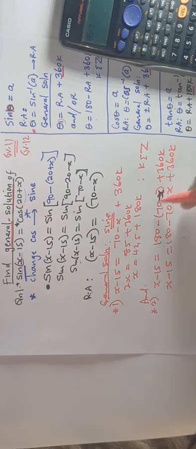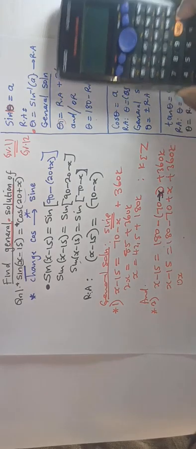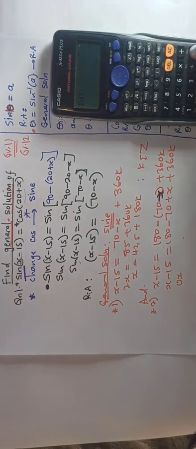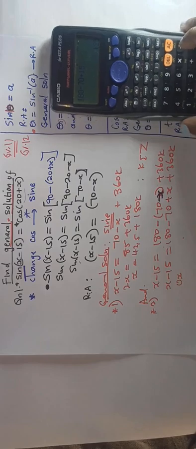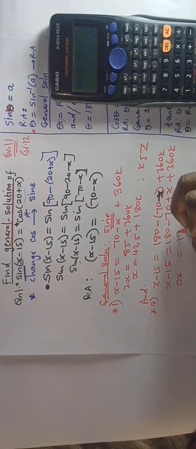You can see that this x comes to that side, you will have 0x. This one would go, you have 180 minus 70 plus 15, 125.